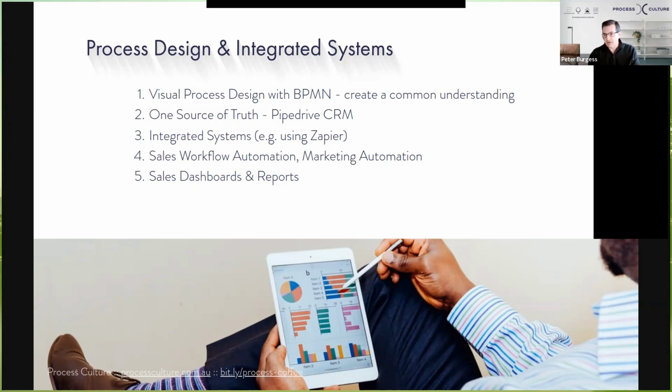So we can see all the different touch points, we can see how customers interact with your business, and we can see where there are opportunities to automate and really track that journey from the very first contact right through to the sale and onboarding of the customer and the ongoing project. We'll talk a bit about integrated systems throughout this presentation, and then sales workflow automation and marketing automation and the difference between them. And then there's a focus on sales dashboards and reports.